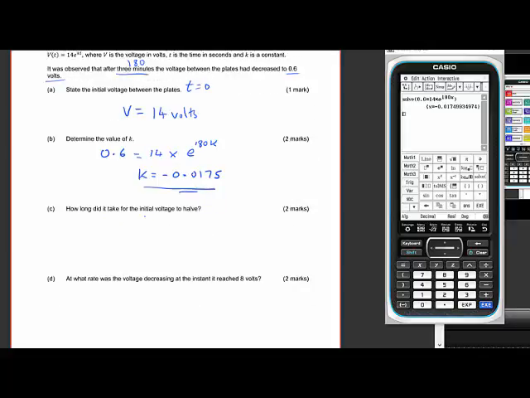How long did it take for the initial voltage to halve? So the initial voltage was 14, so that's going to be 7 is equal to 14 multiplied by e, and now we know k, so that's negative 0.0175 t. So we're doing another solve.